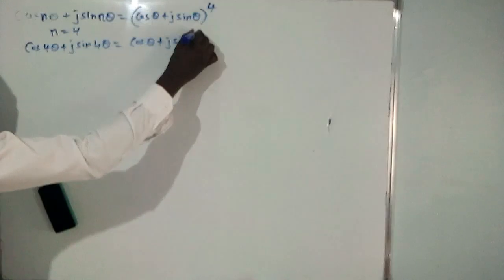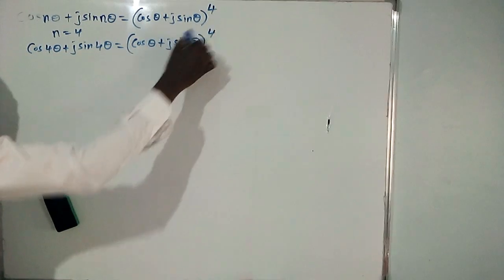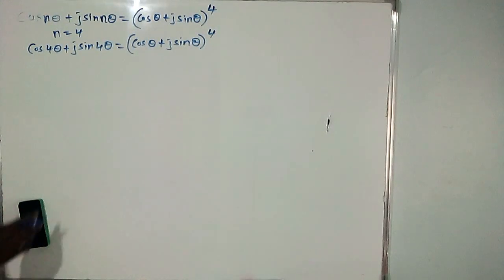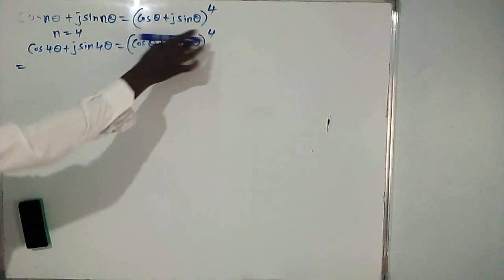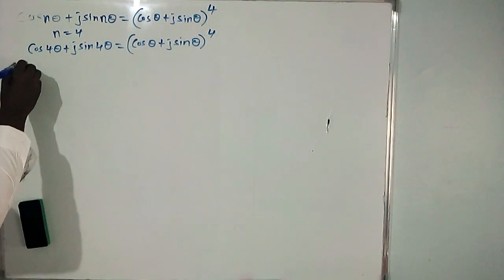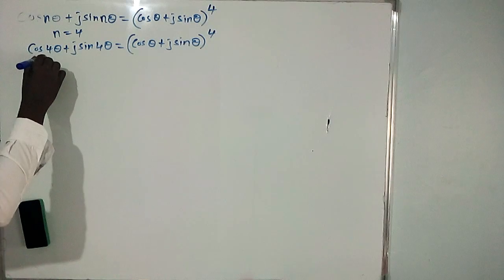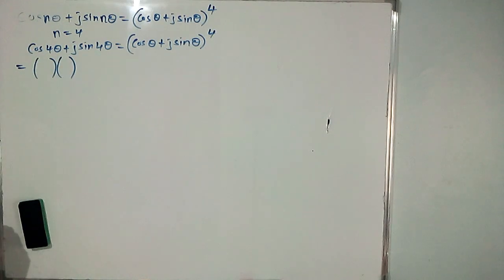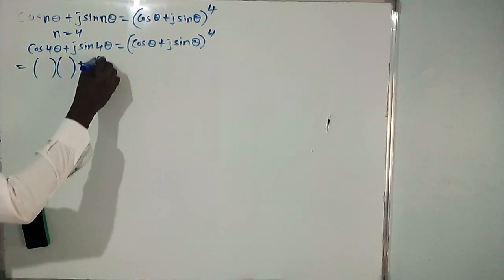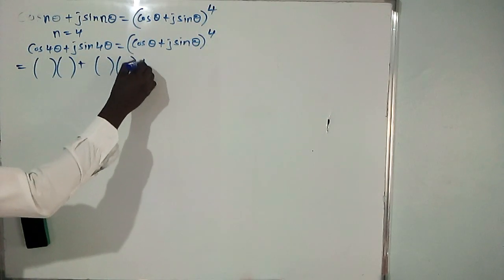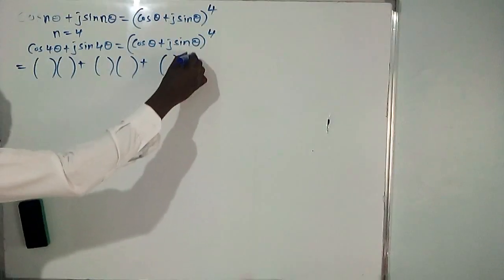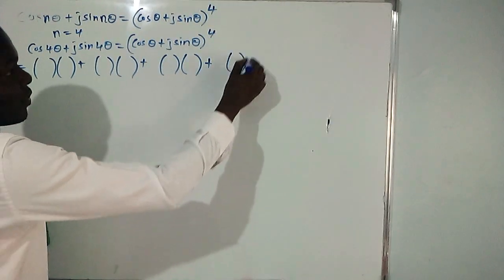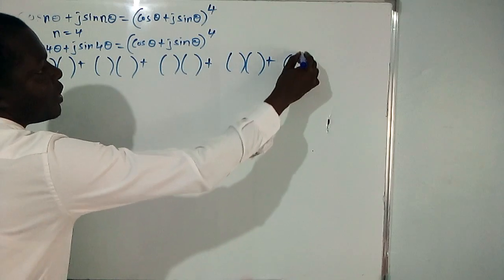We use binomial expansion. When the power is 4, we have 5 terms, isn't it? So let us have 5 terms: the first, plus the second, plus the third, plus the fourth, plus the fifth, or the last term.